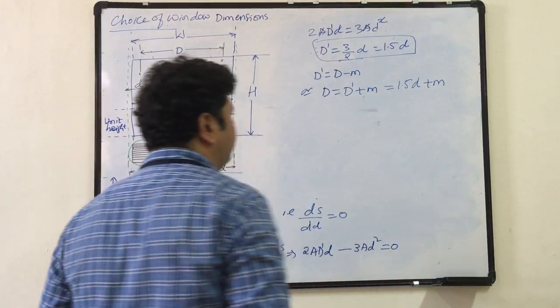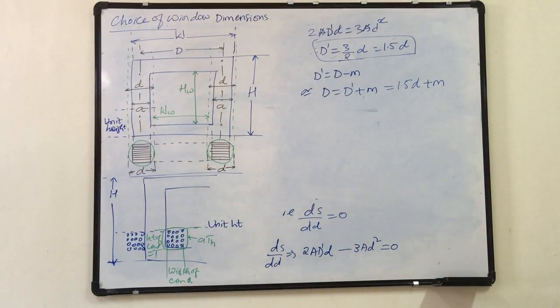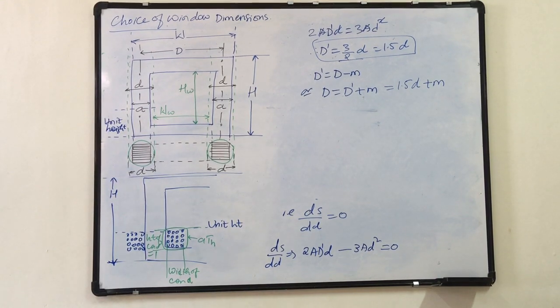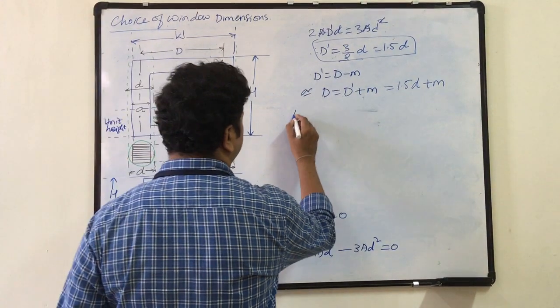I will consider the width of insulation and clearance to be around 20% of the diameter of circumcircle.